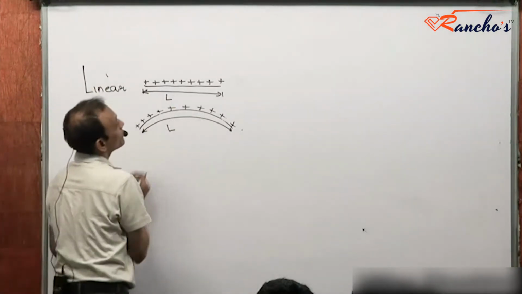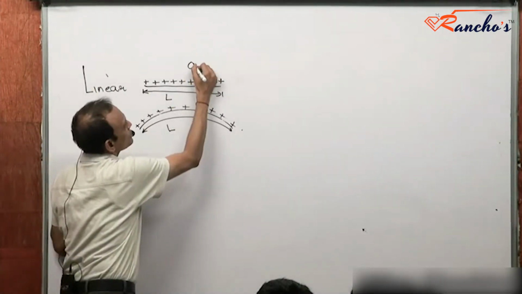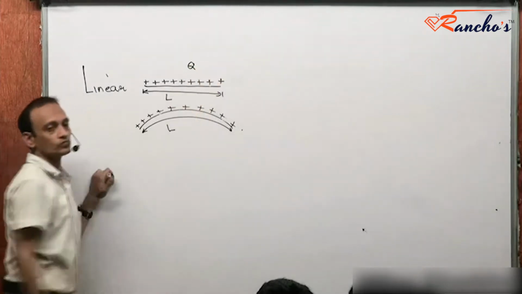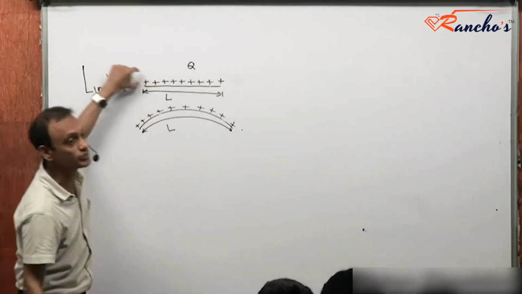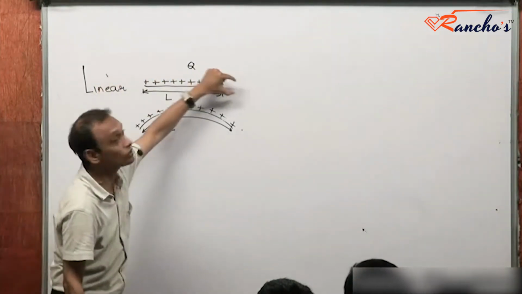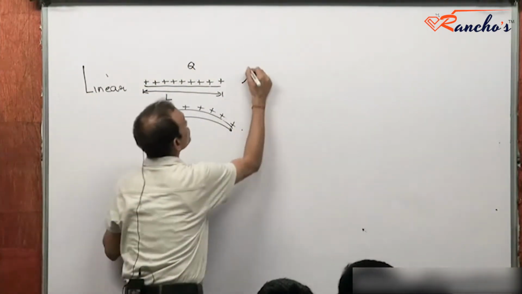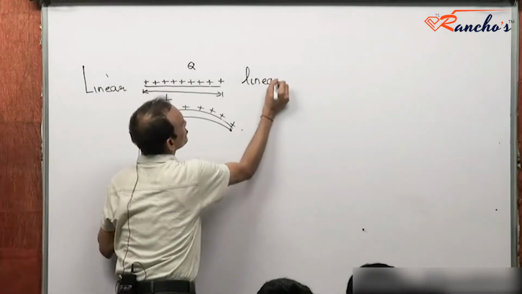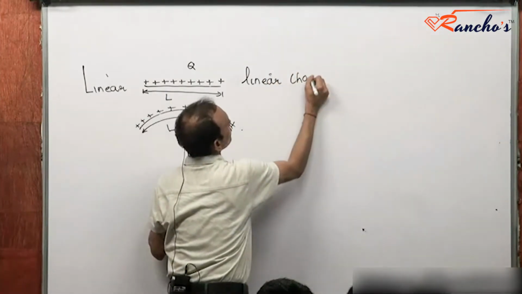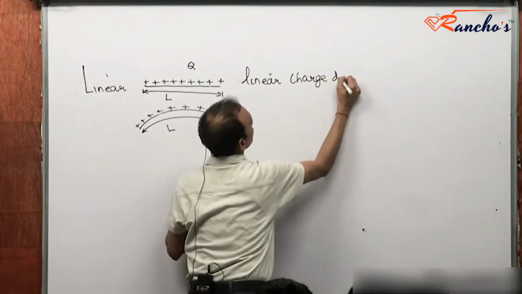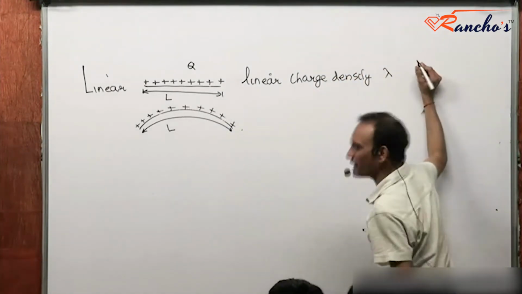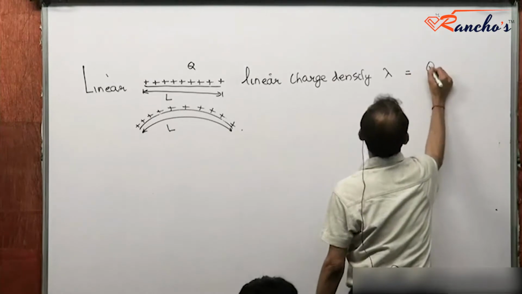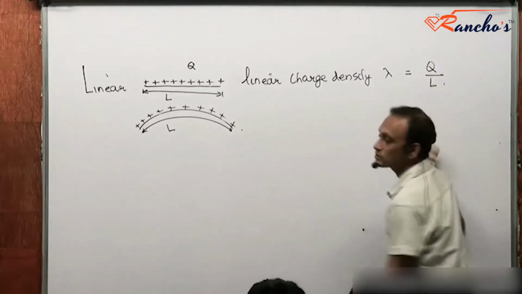And if the total amount of charge on this is capital Q, which is uniformly distributed over this length, we define what's called a linear charge density, commonly designated by lambda, as total charge by total length.